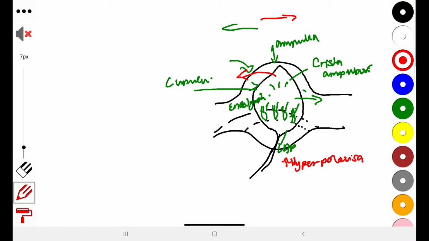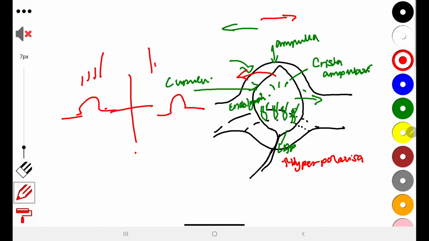As part of your homework, I just want you to know which side of the ear has what type, and where the hairs, where the cilia are. Is it this way or that way?